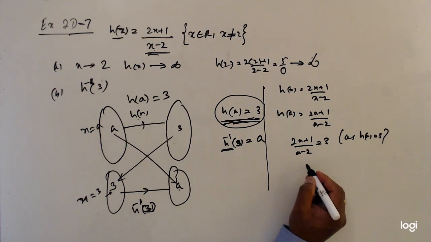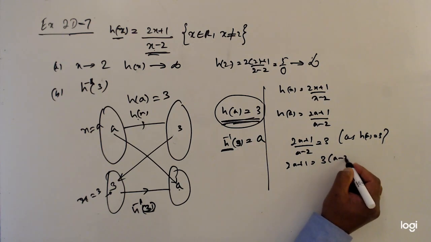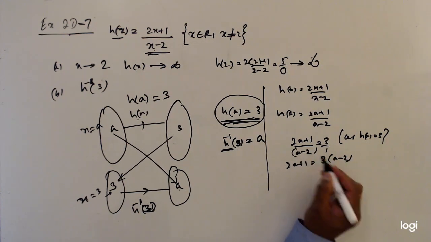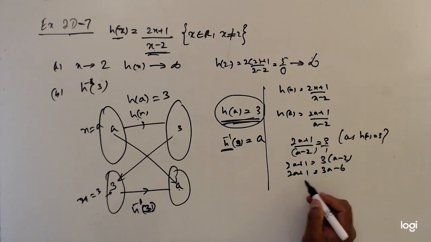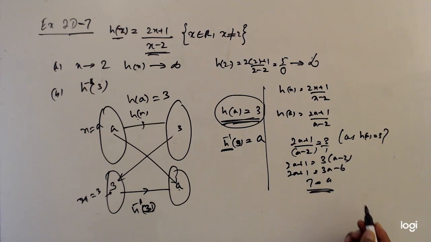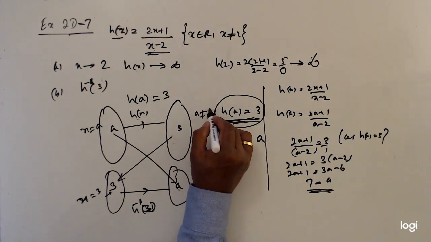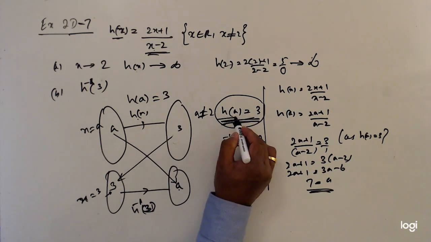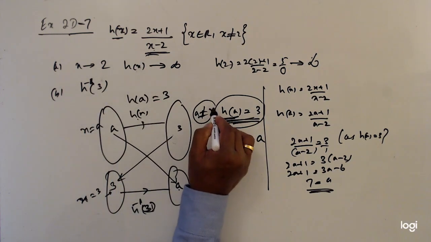Now we have to solve this. 2a plus 1 equals 3 times a minus 2 by cross multiplying, so 2a plus 1 equals 3a minus 6. Bring this over, so a equals 7. When you write this, just write a not equal to 2, because x can't be 2, so a cannot be 2.